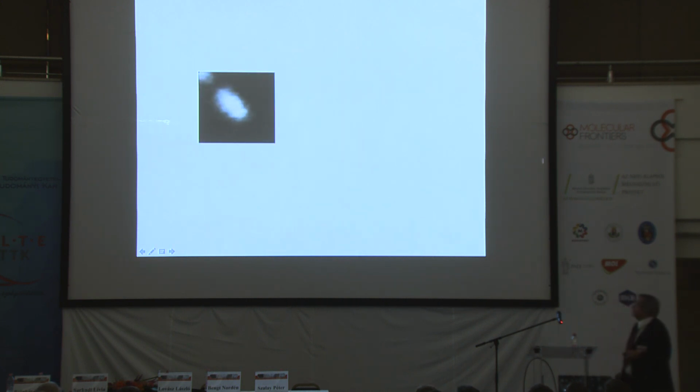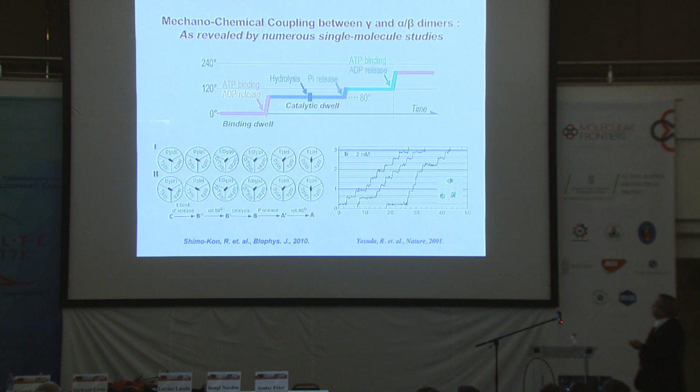So it rotates, kind of randomly, but with a direction, and it rotates in a strange way. It does not do 120 degrees. It stops first at 80 degrees. A very nice puzzle that you have to solve with the structure.